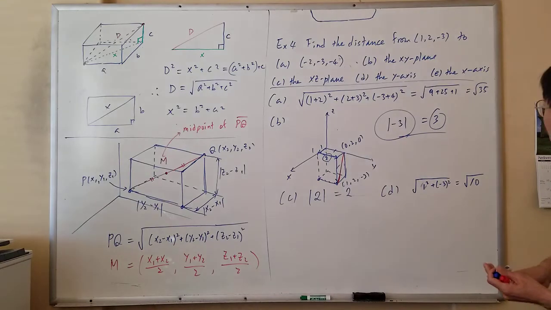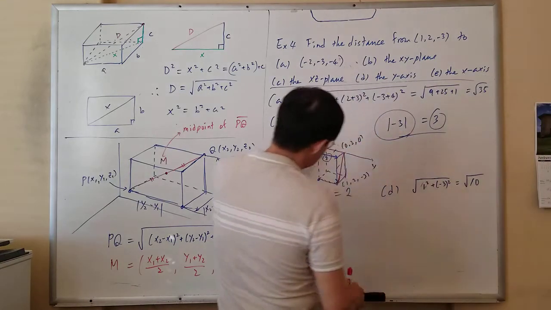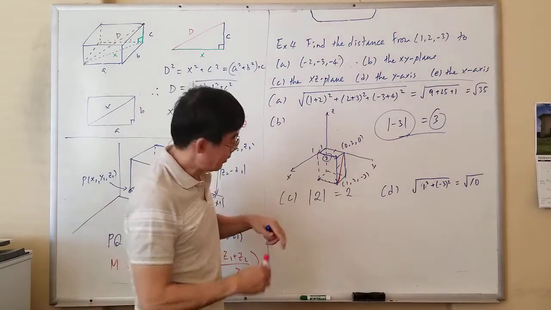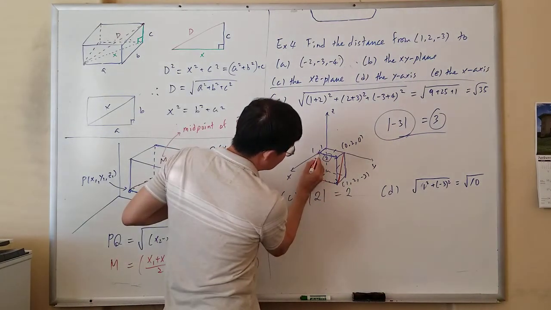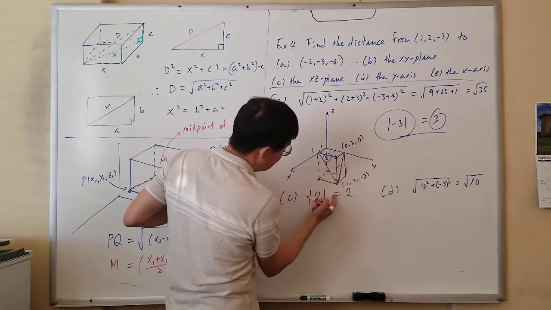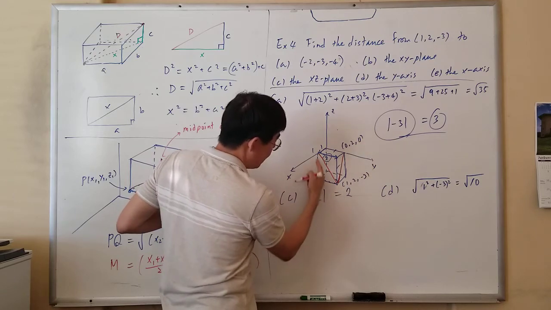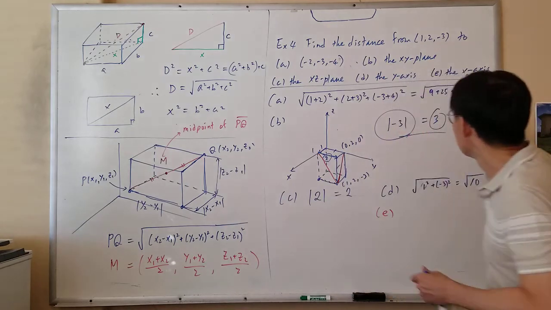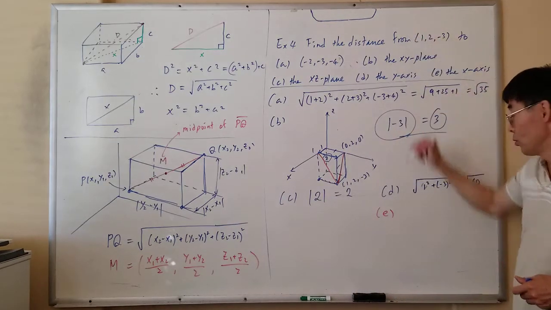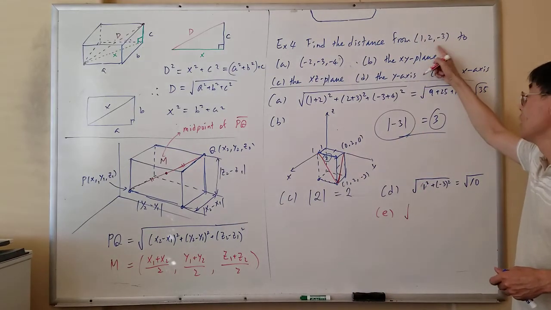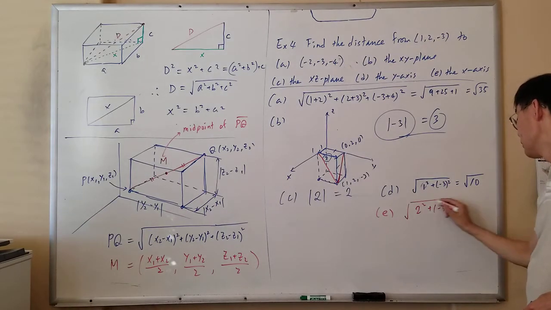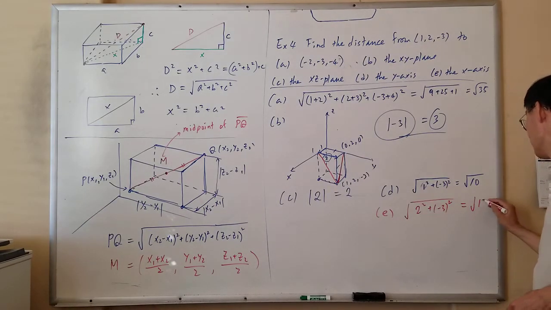Likewise, for the distance to the x-axis, you have to draw the perpendicular to the x-axis. Then you have to draw that thing over here, right? This is 2 and 3. To the x-axis, it's the square root of the other coordinates, 2 squared plus 3 squared, right? 4 plus 9, so 13.